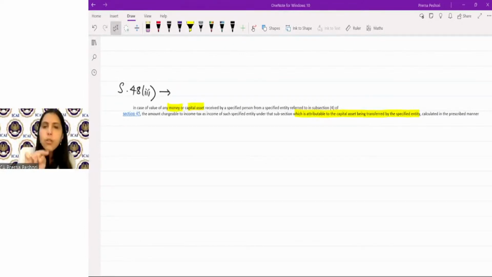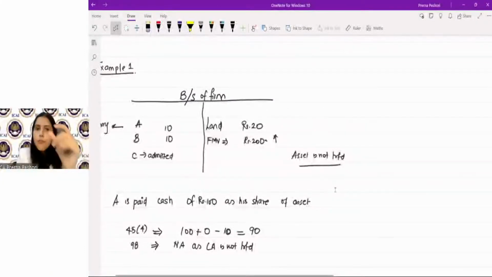Under 45(4), what are you taxing? The appreciation in the partner's share, because of the revaluation that has happened in the firm. So in this case also, if you see the example we were just discussing, the firm had revalued the land at 200. The partner's share was 100.